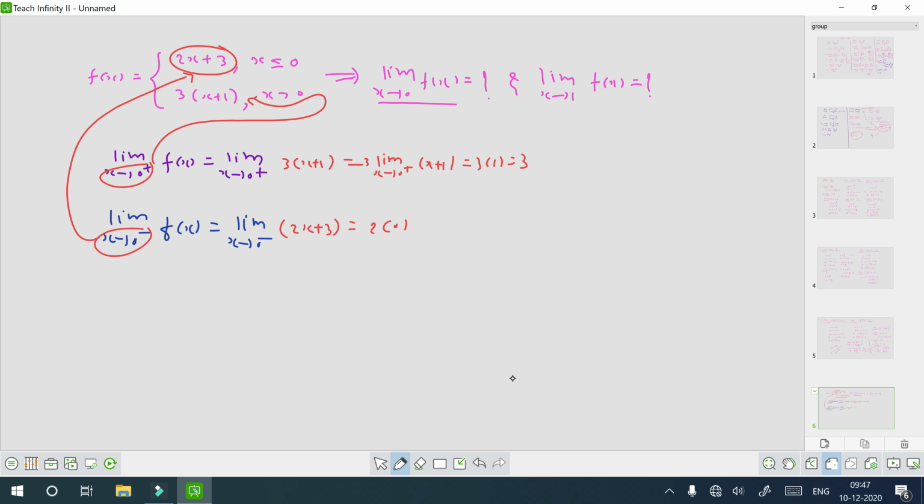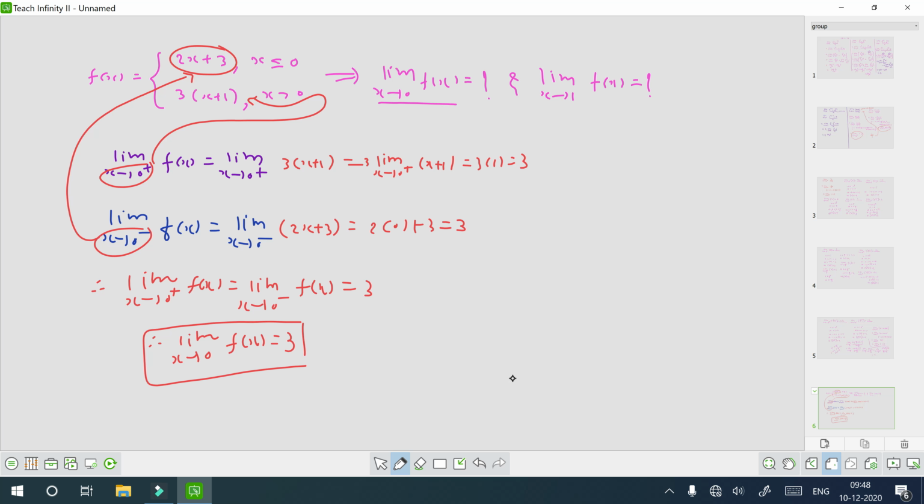That is 2 into 0 plus 3, which is equal to 3. So the right hand limit as well as the left hand limit exist and both have the same value 3. And therefore, this limit exists. Limit x tends to 0 of f of x is also 3. Clear? In this way, when an inequality is given to us, we can find it.